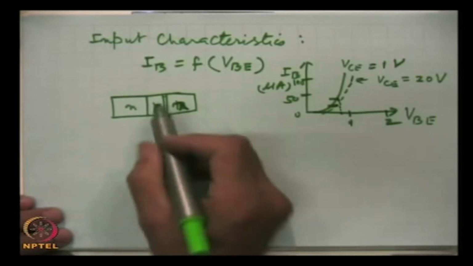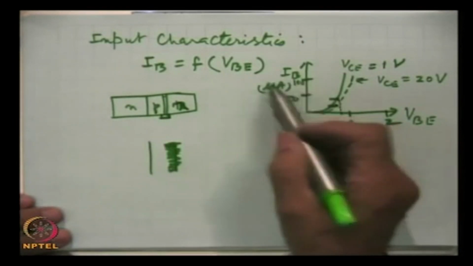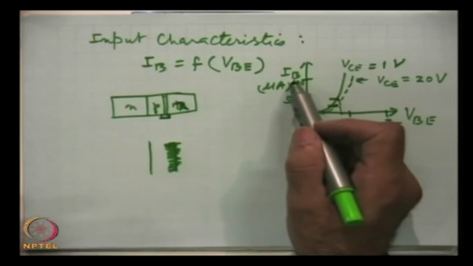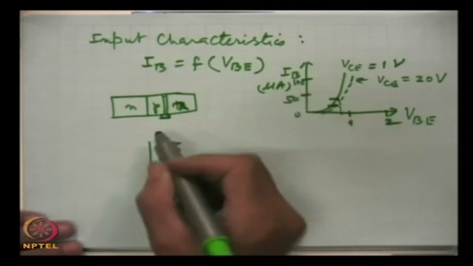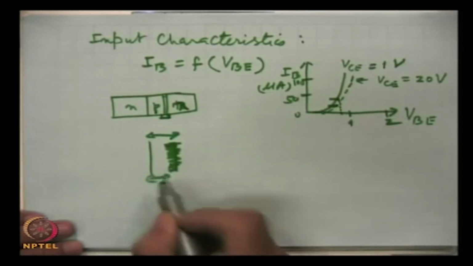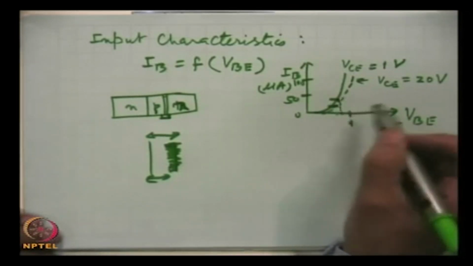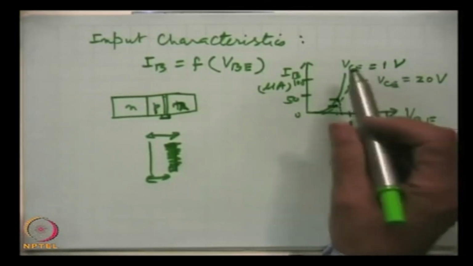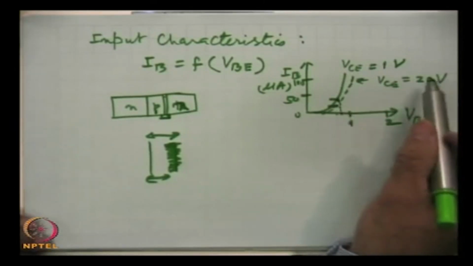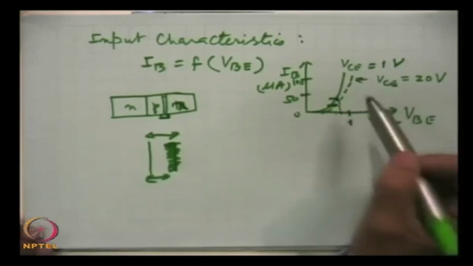As a result, the base width will fall, and hence recombination, base current is a recombination current, and when base width has fallen from this much to this much, the lesser number of holes will recombine and hence the current will fall. So, that explains the input characteristics as a function of the collector emitter junction voltage.